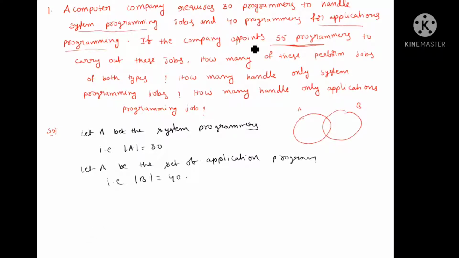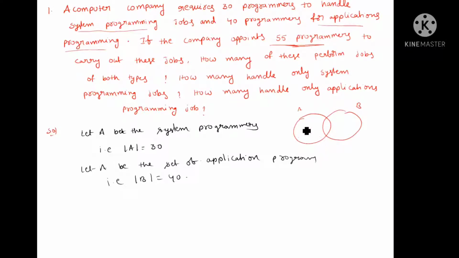The company appoints 55 programmers. So the company is recruiting 55 programmers to carry out these jobs. That means 55 programmers can do either A job or B job or both.